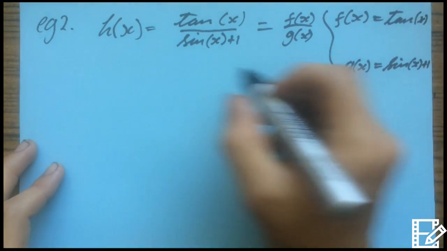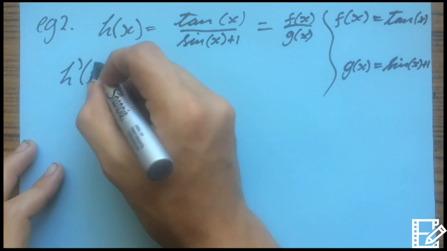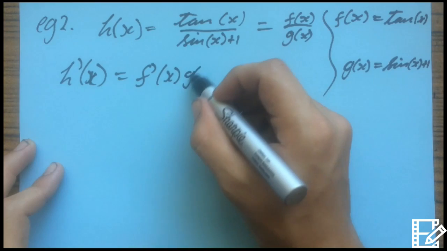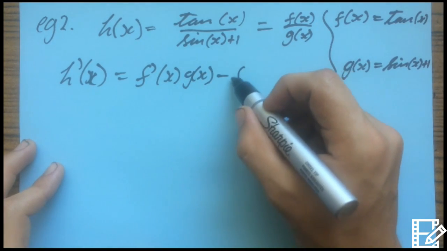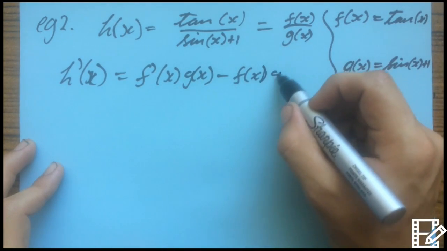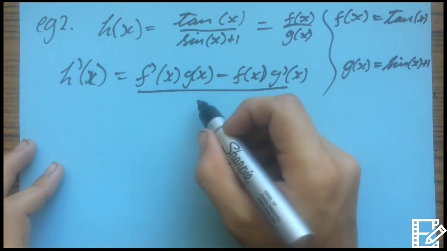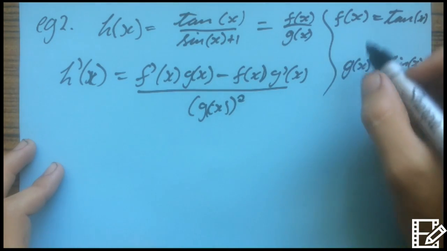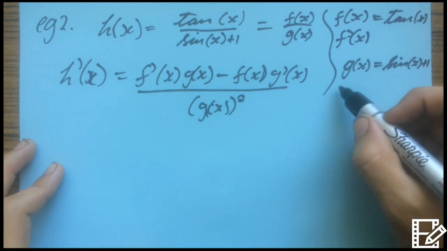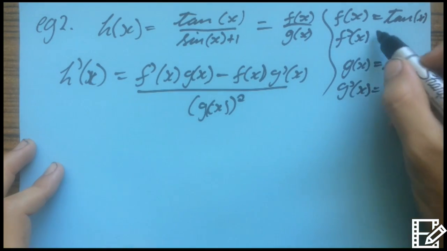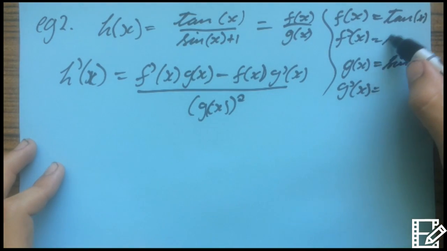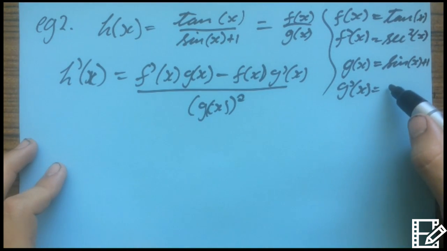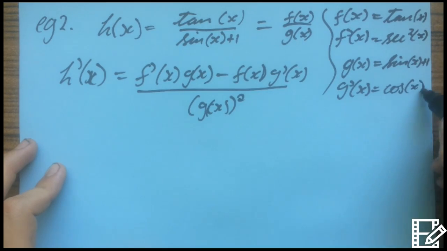So, now, write out the formula for the derivative. f dash multiplied by g, minus f multiplied by g dash, all over g squared. So we need to find f dash of x and g dash of x. Derivative of tan is sec squared x. Derivative of sine plus 1 is just cosine x.